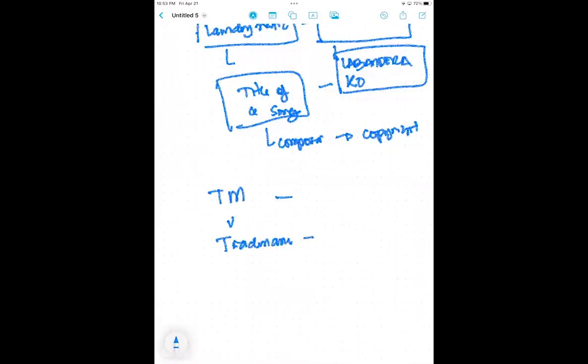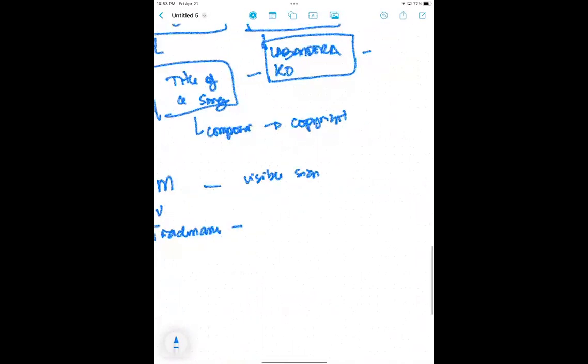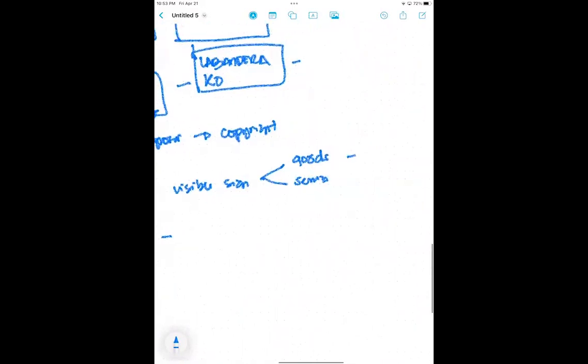Okay, so trademark, like what we said, is a visible sign, and this visible sign is to distinguish either goods or services, and it includes the mark container.